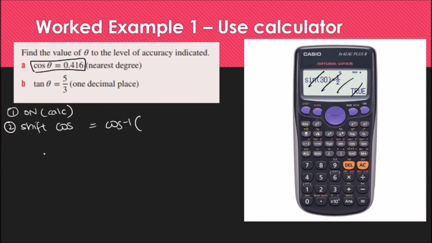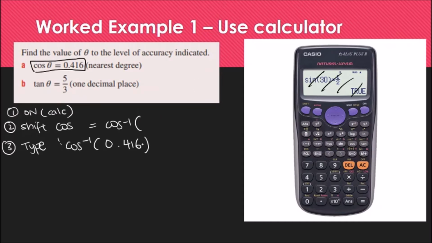Then I need you to type the degree into your calculator. So now that you've got cos -1 with an open bracket, you just type 0.416 because we're doing A, and then just close the bracket, so 0.416.